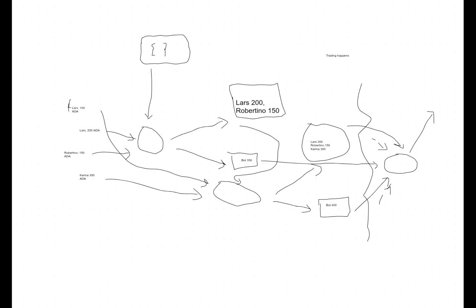So let's say the bot makes a 500 ADA win. Then it would update this thing to be empty again, and then it would pay out to the three of us.